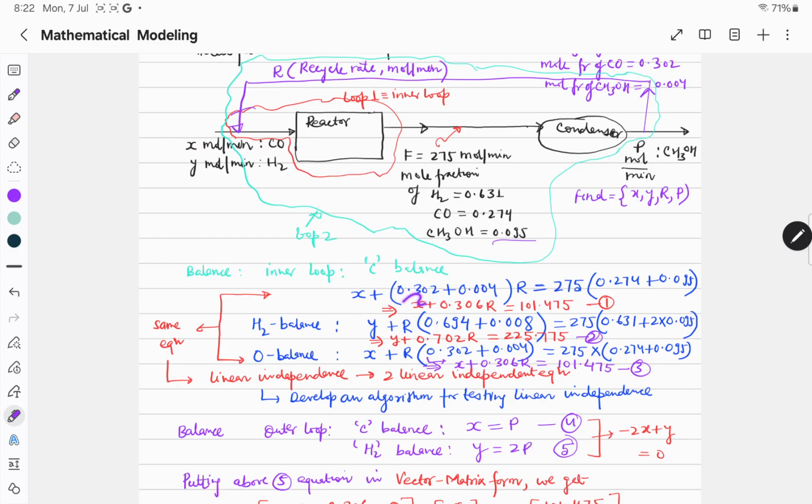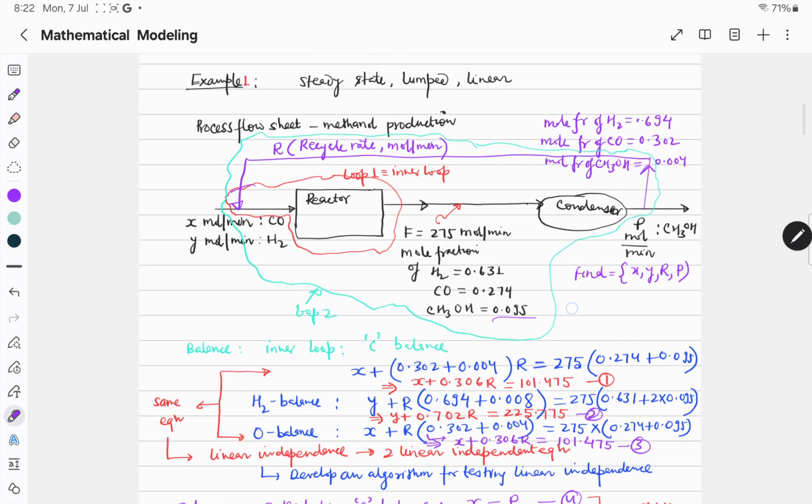This is in, plus this 0. This is out, 0.302. This is the recycle, which is also an input around the reactor. You are applying the mass balance for C. The in is x mole per minute, and C is coming from the recycle also, from CO and CH3OH.